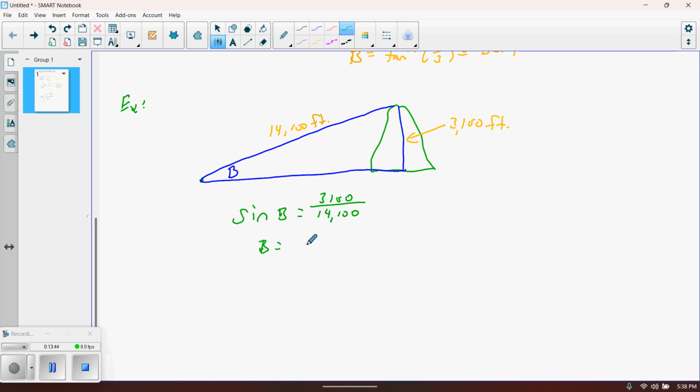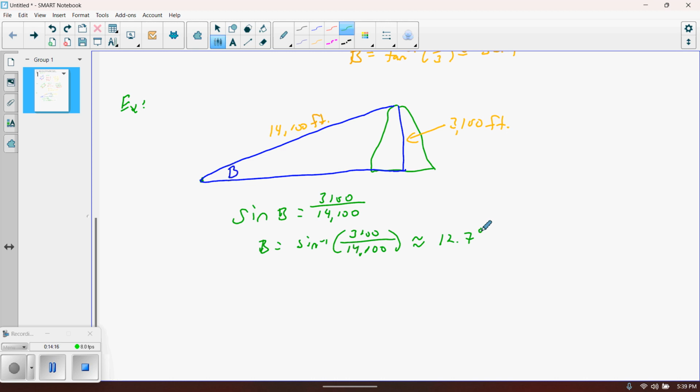So then that would give us b equals the inverse sine of 3,100 over 14,100. And the approximate angle of elevation here would be about 12.7 degrees. And I know absolutely nothing about skiing, so I don't know whether that is a steep slope or ski lift or, again, whatever.